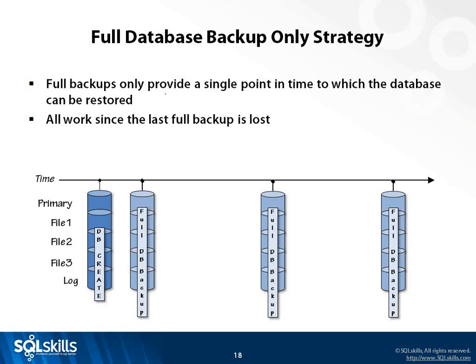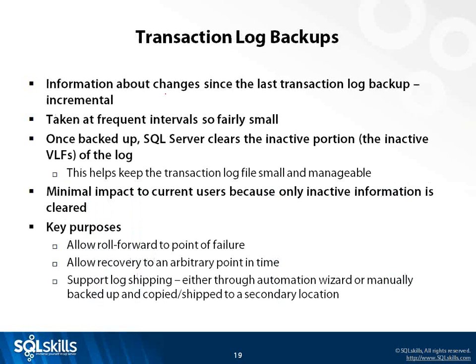If our database gets trashed at, worst case scenario, 11:59 p.m. Saturday evening, we've lost everything since the previous full backup, because we don't have any other backups to allow us to restore. We have to go back to the most recent full backup, which is the previous Saturday night, Sunday morning.